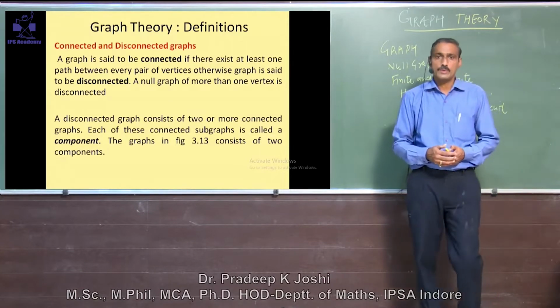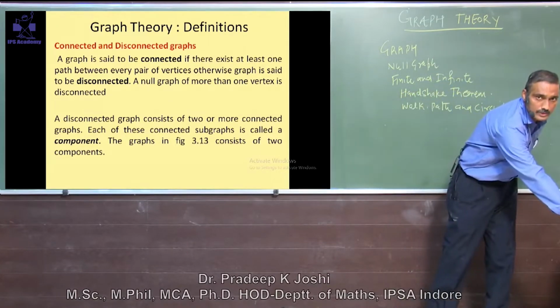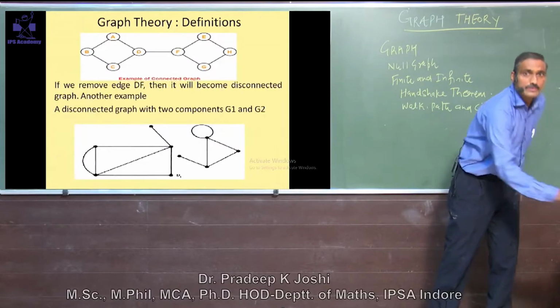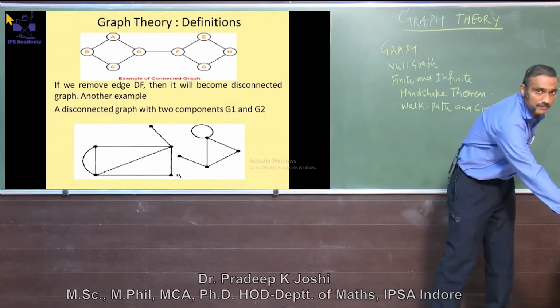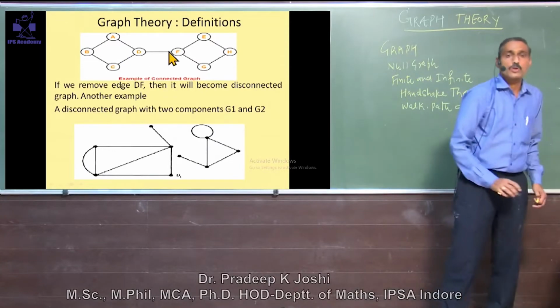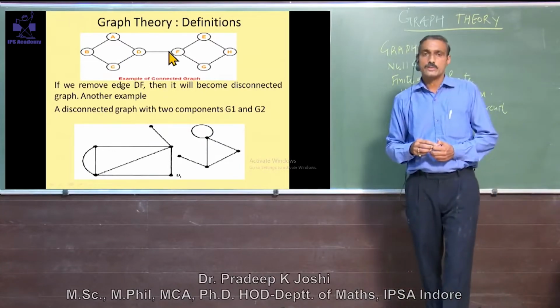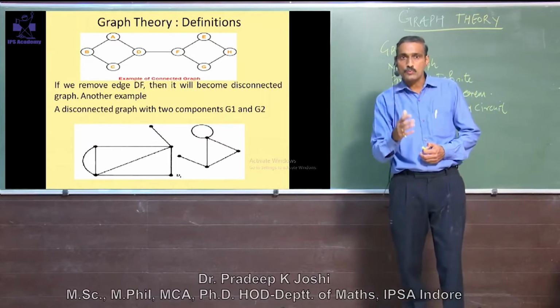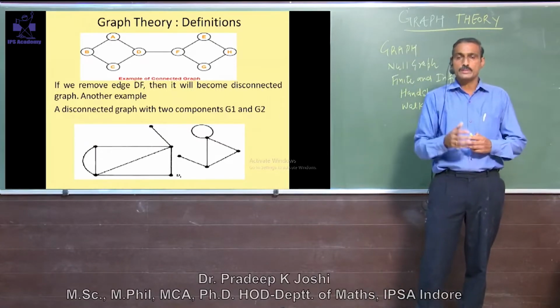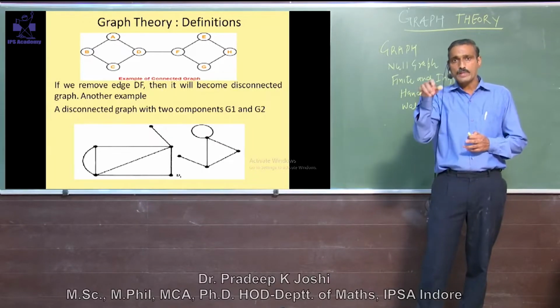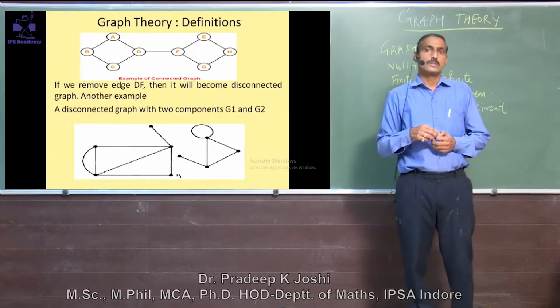In the example, there are two components. This is an example of a connected graph, because between every pair of vertices there exists a path. If we have to move from B to D, there is a path. If we move from B to H, there is a path.